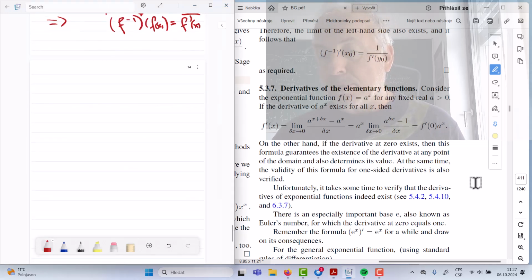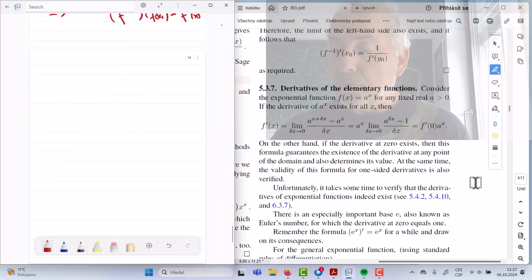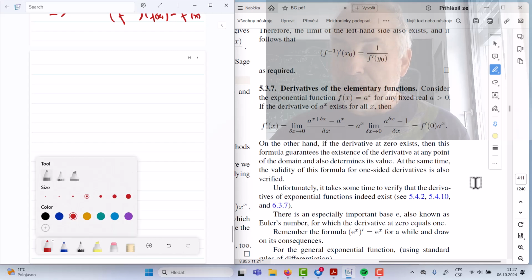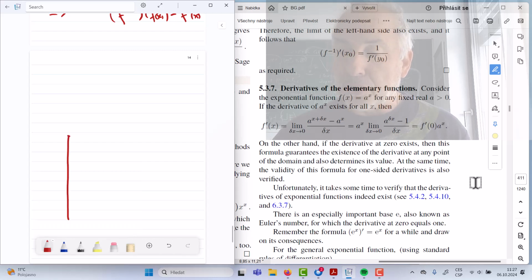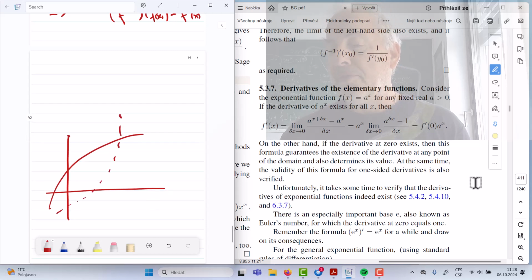Well, I perhaps also have to draw it on a picture because that makes life much easier. You can imagine if you have the function f, say this way, then the inverse function would be just the flip across the diagonal of the first quadrant. That will be the inverse function.